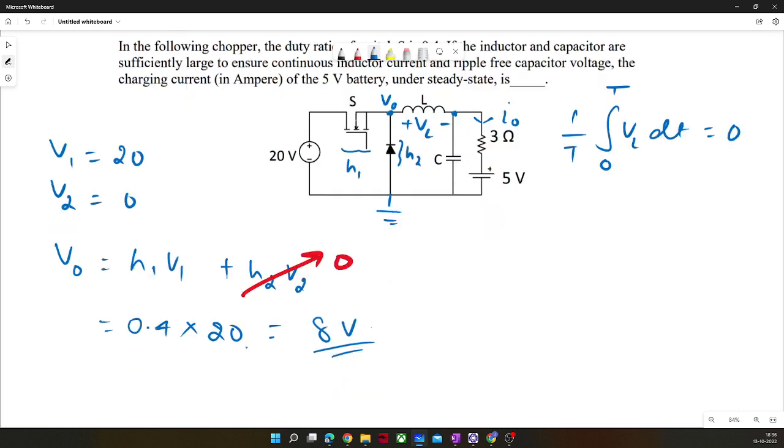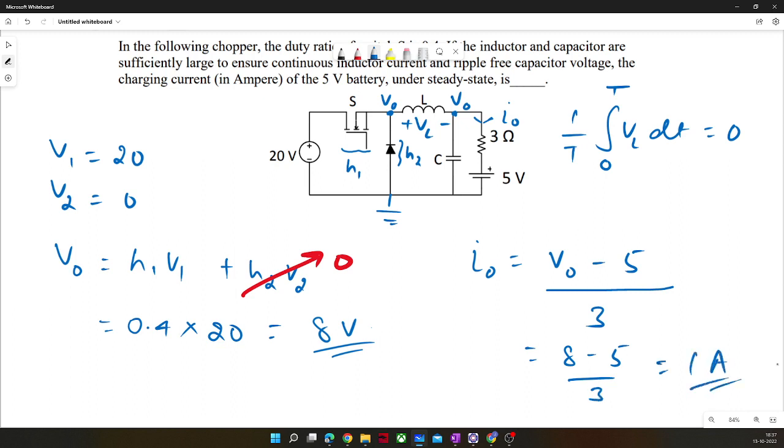So for that reason, V naught comes out here. Now we need to calculate I naught. I naught will be V naught minus battery voltage 5 volts divided by the resistance 3 ohms. That will be 8 minus 5 by 3, which is 1 ampere. 1 ampere was the answer for this problem.